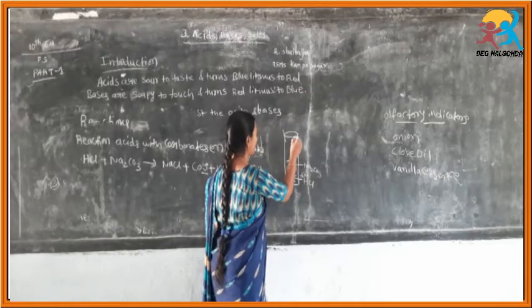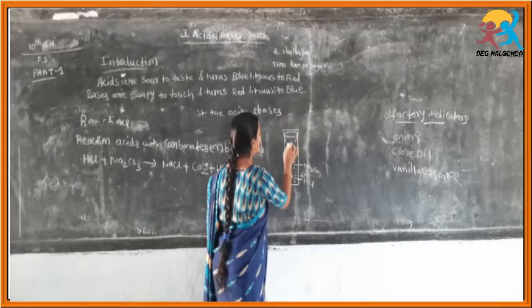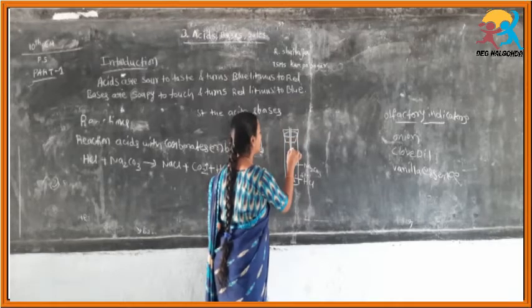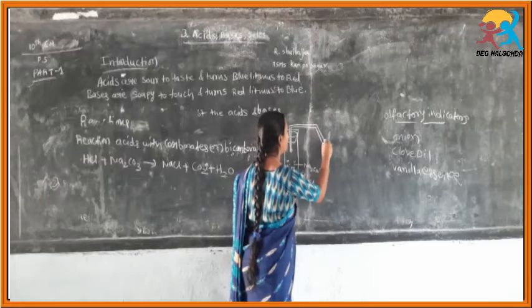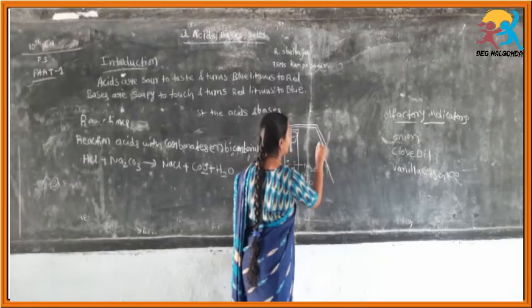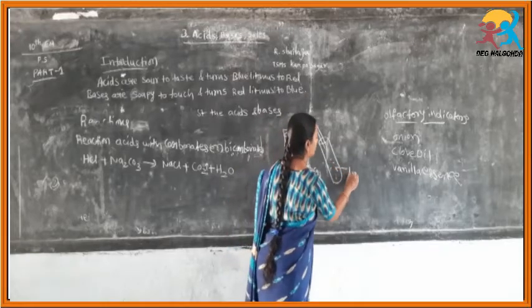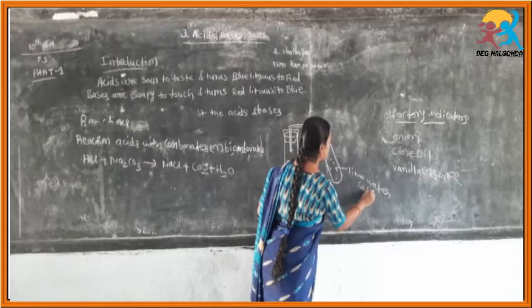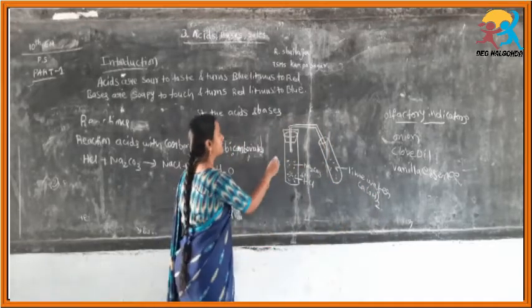Here it is also equipped with a one-hole rubber cork. The other end of the tube you have to dip into the second test tube, which contains lime water, that is calcium hydroxide.